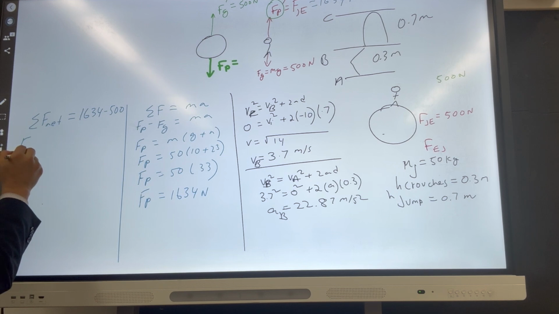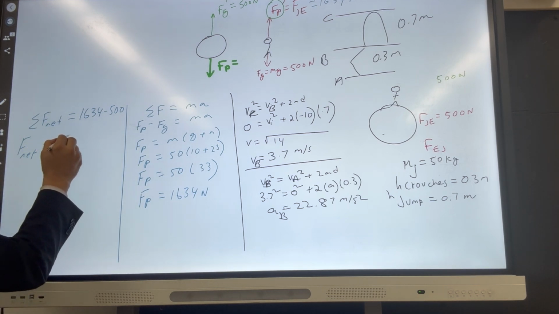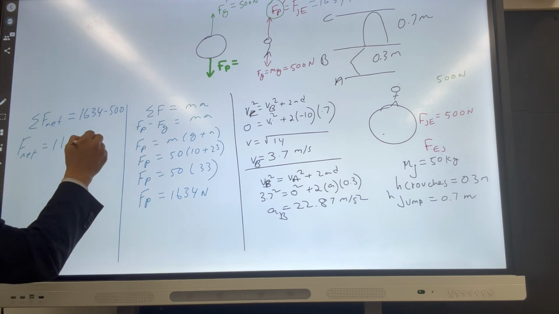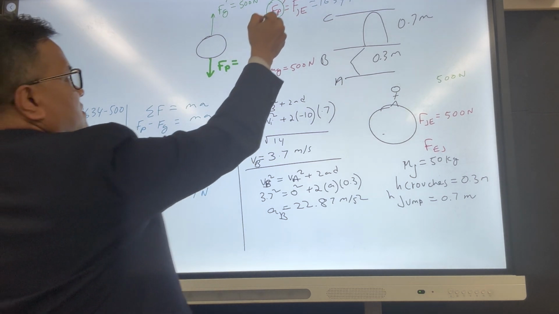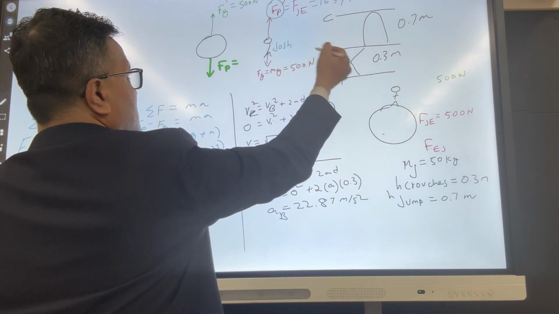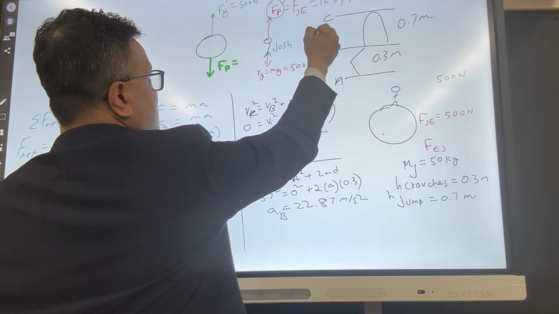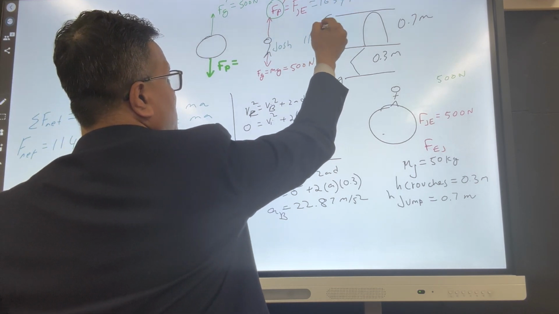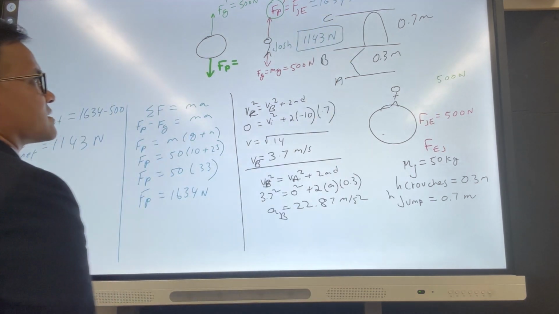So F net is 1143 Newton, and that is in the upward direction for Josh. 1143 Newton, upward direction, F net.